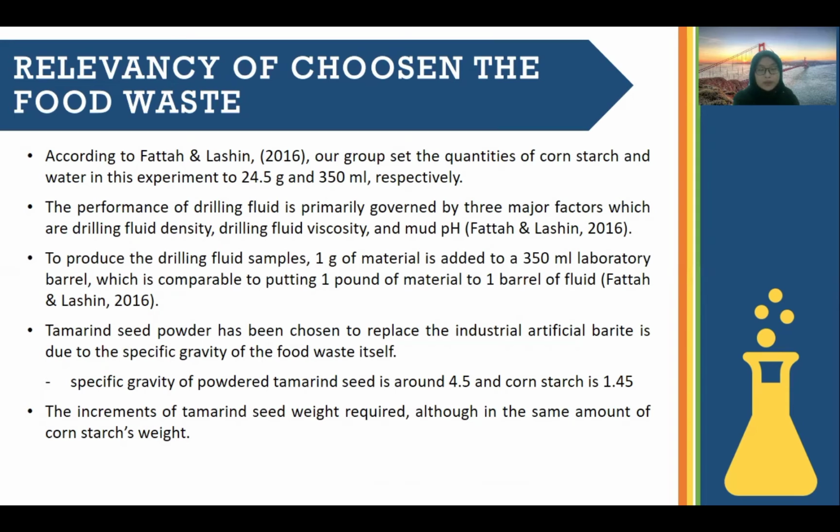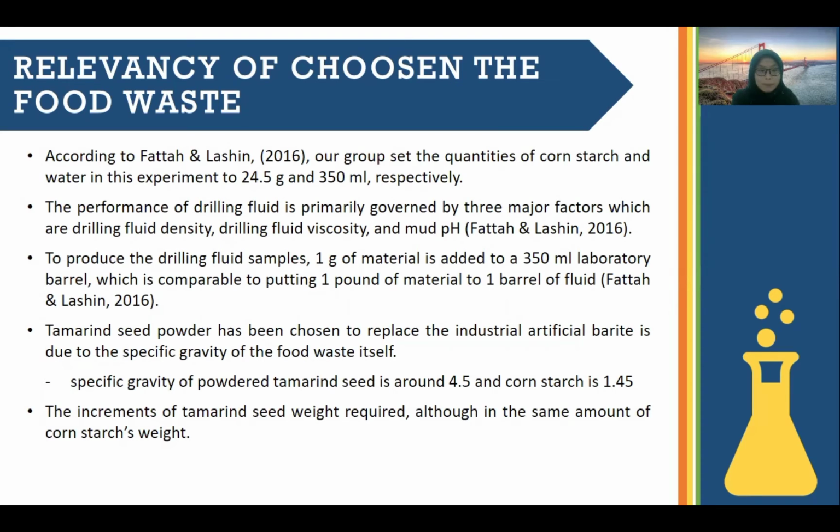Next, to produce the drilling fluid samples, 1 gram of material is added to a 350 ml laboratory barrel, which is comparable to putting 1 pound of material into 1 barrel of fluid. More consideration should be given to these parameters when producing water-based fluid samples for experimental work.